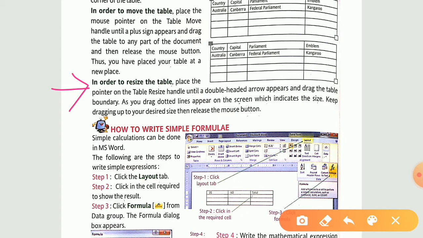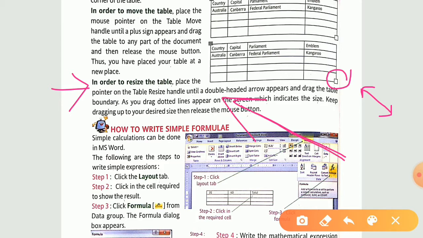This is your table resize handle. For resizing it, you just take your mouse pointer on that small box over there, and a double headed arrow appears. The double headed arrow looks somehow like this. Then with the help of your mouse, you just drag to whatever size you want of that table, moving diagonally. If you want to make the table size smaller, you just move in this direction.